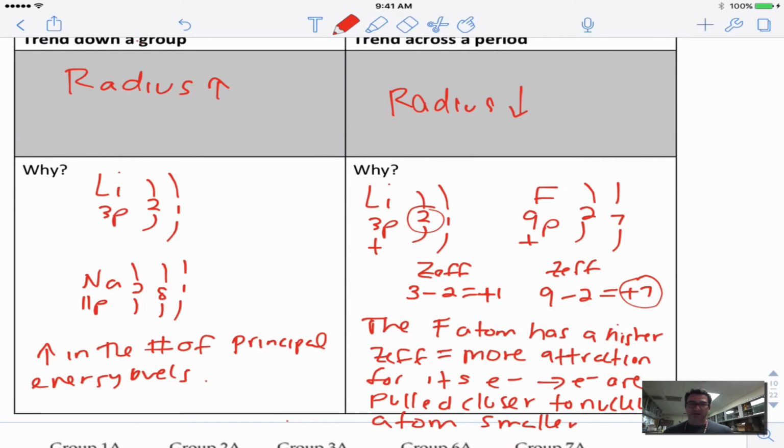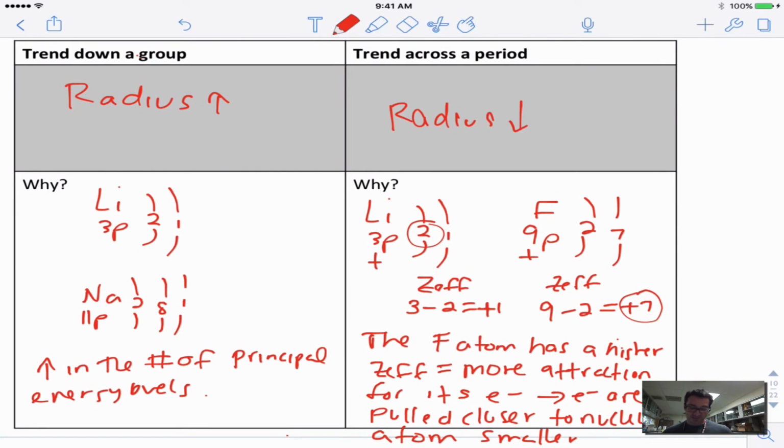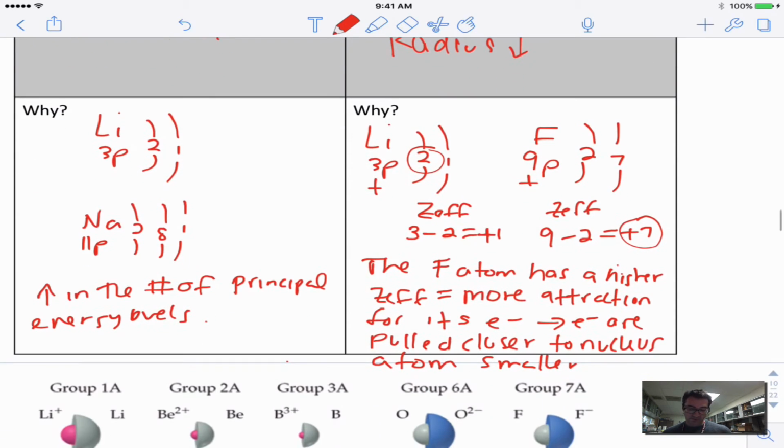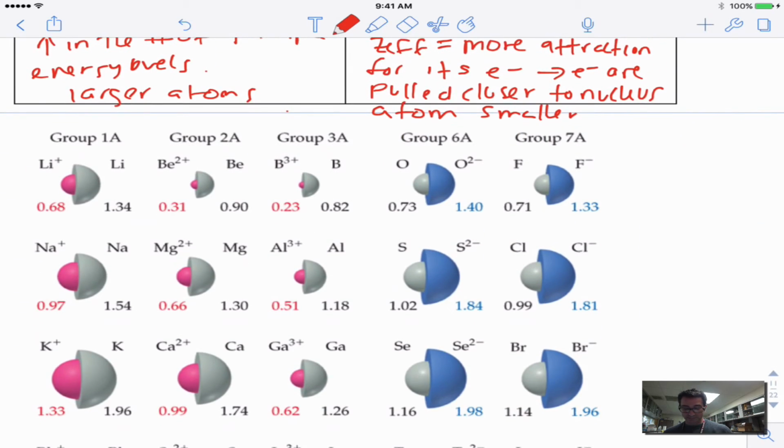So just to summarize this, we have the trend down a group. The radius is going up. That is because we have more principal energy levels, so this means a larger atom as you go down. And then going across, we have more effective nuclear charge, so we have more attraction. The electrons are getting pulled in more. Let's look at this in a picture format.